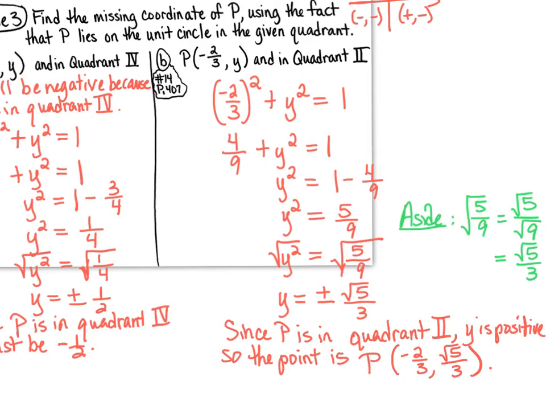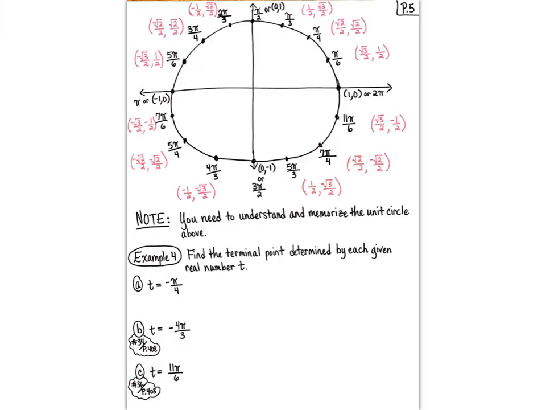What questions do you have? Okay, so be able to do the same thing if you need to identify what your x coordinate is, okay? Now, here on the next page, I give you the unit circle.